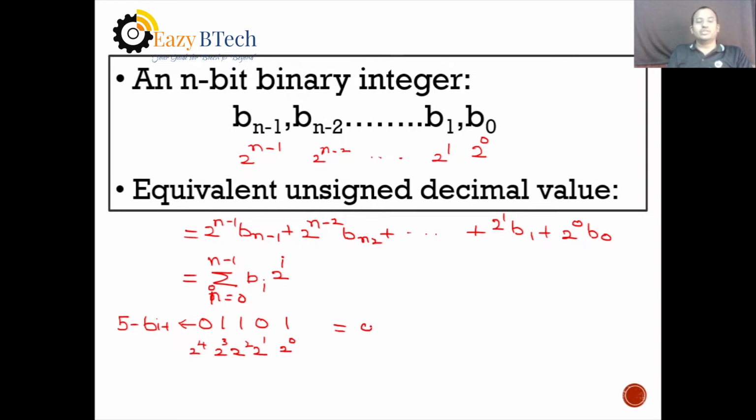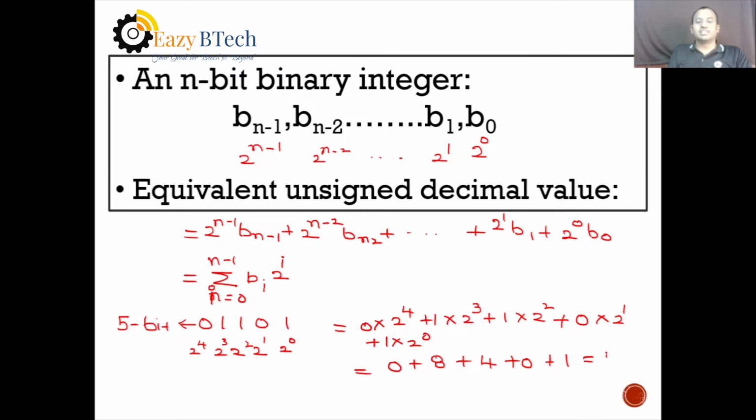So 0 into 2 power 4, plus 1 into 2 power 3, plus 1 into 2 power 2, plus 0 into 2 power 1, plus 1 into 2 power 0. This will be 0, 8, 4, 0 and 1, which is equivalent to 13. So the 5-bit unsigned binary number 01101 has the decimal equivalent 13 to the base 10.